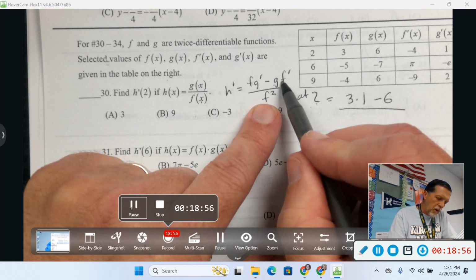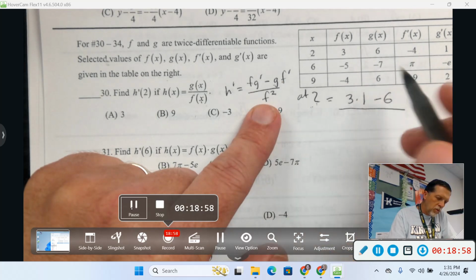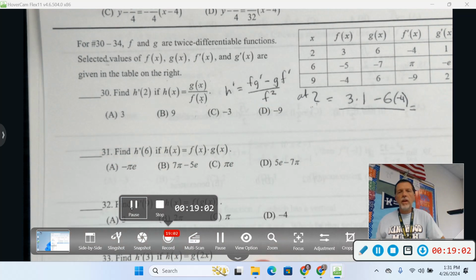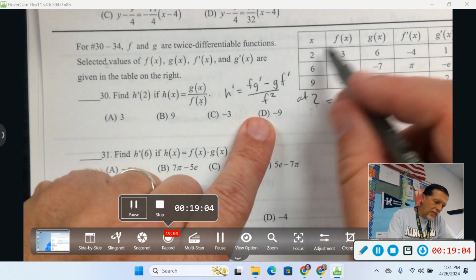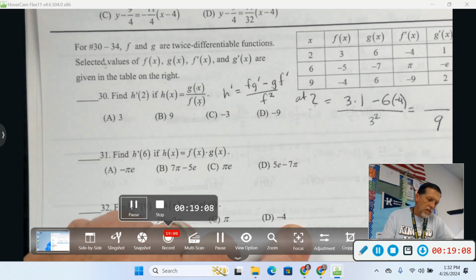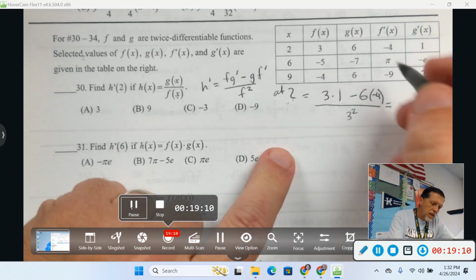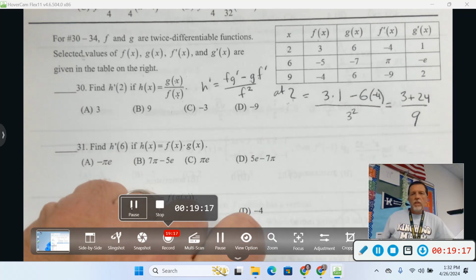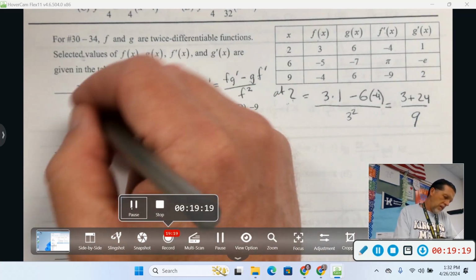And then f prime at 2 is negative 4. And then in the bottom, f at 2 is 3, so 3 squared. So I've got 9 on the bottom. In the top, I've got 3 plus 24. 27 divided by 9 is 3.